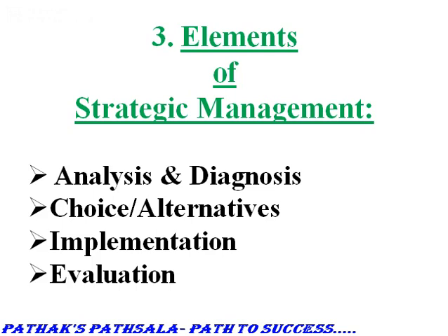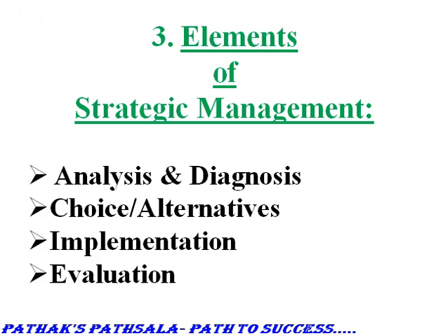The third element is implementation, that is the strategy selected in the second step requires its execution. So it involves making the strategy work by creating an environment or organization structure conducive to implementation of the selected strategy, as well as developing appropriate plans and policies.